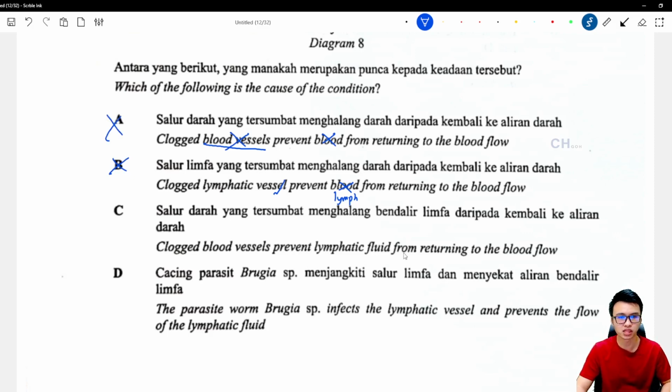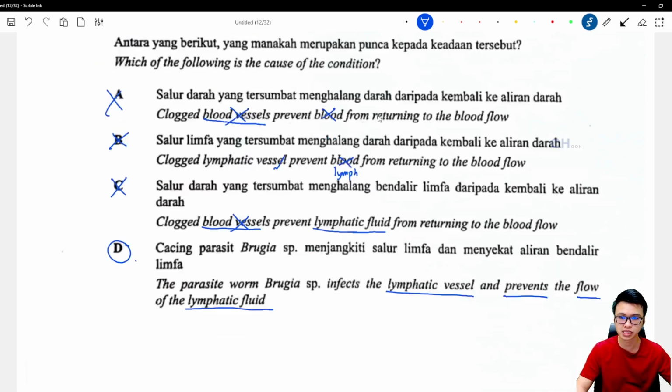Clogged blood vessel prevents the lymphatic fluid: lymphatic fluid is correct, but blood vessel is wrong. It's talking about the lymphatic vessel. So C, no. D, the parasite worms, Brugia species, infect the lymphatic vessels that prevent the flow of the lymphatic fluid. Yes, lymphatic vessel and lymphatic fluid. So this one is the correct answer, D.